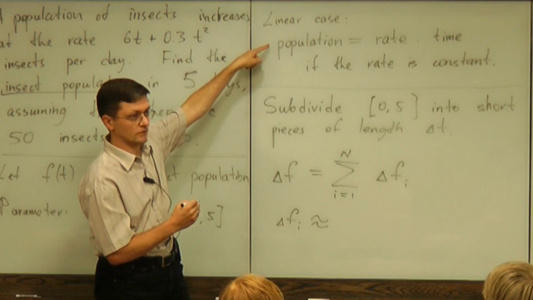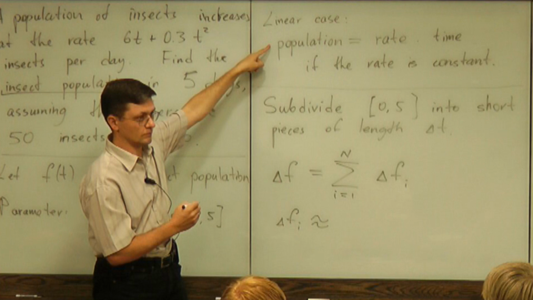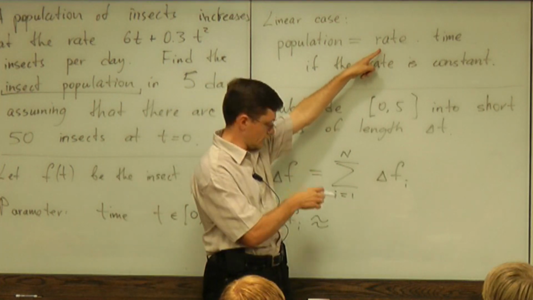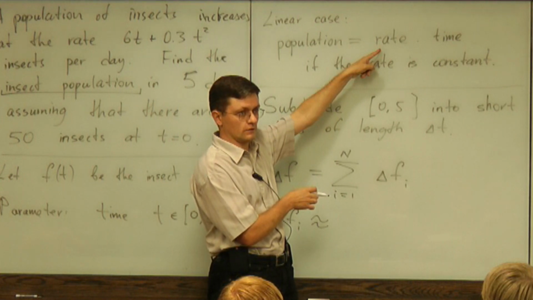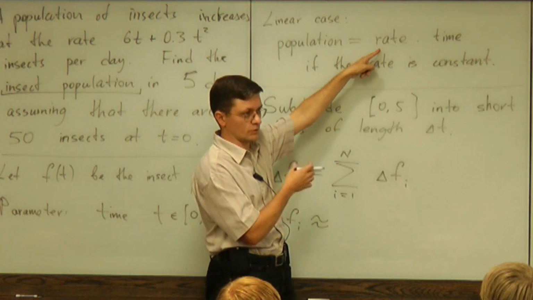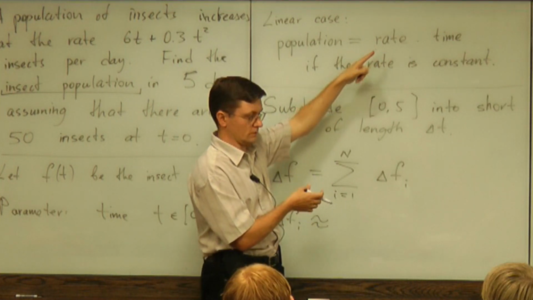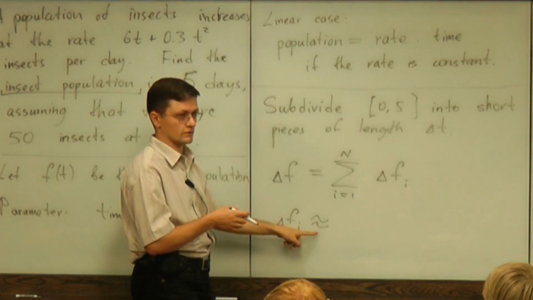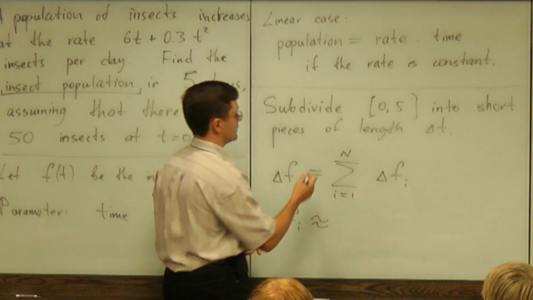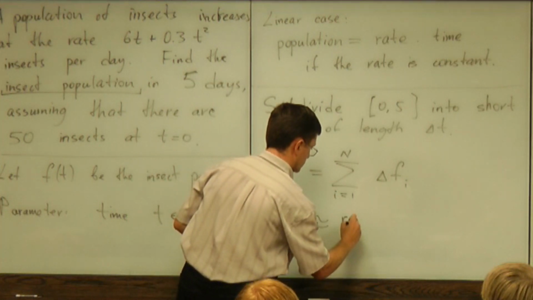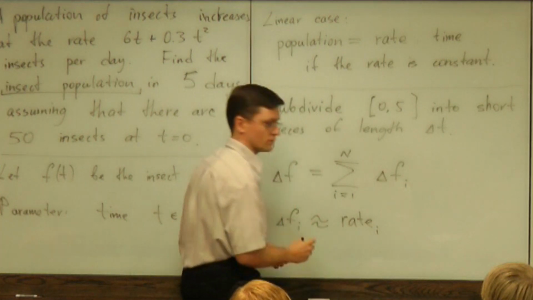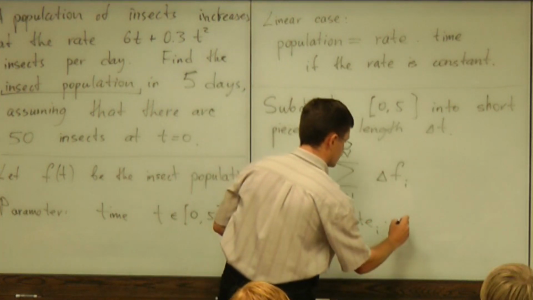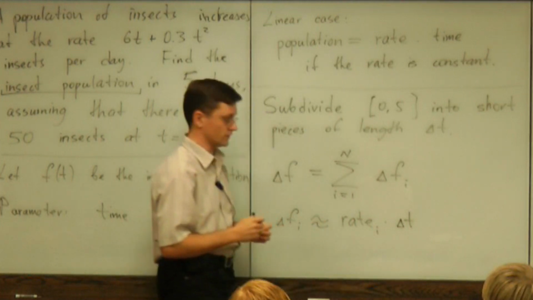Now we use that equality, but approximately. We say that the rate over that short interval, over ith interval, is not constant, but it's approximately constant. So the change of the population is approximately the rate over that interval times delta t.